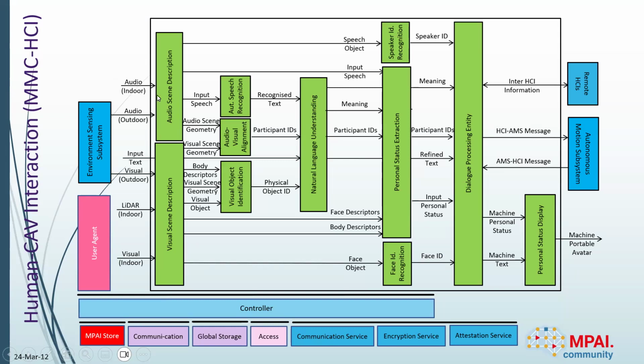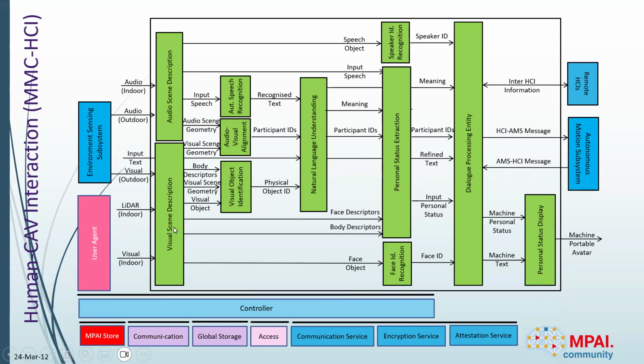The audio can come from inside the car, or it can come from this subsystem that is in charge of capturing the information from the outside of the car. Same for the visual. So here we have the audio scene description and the visual scene description.